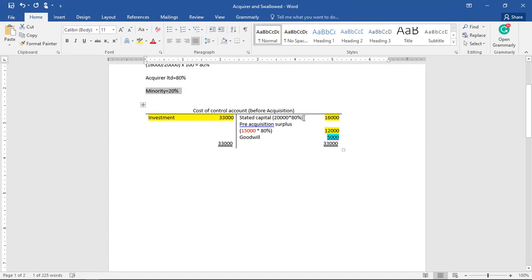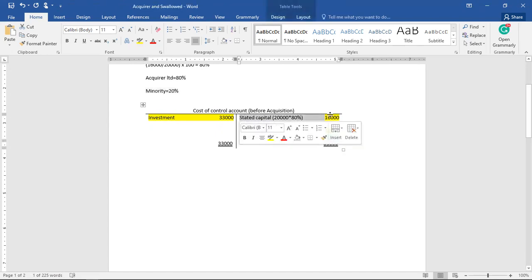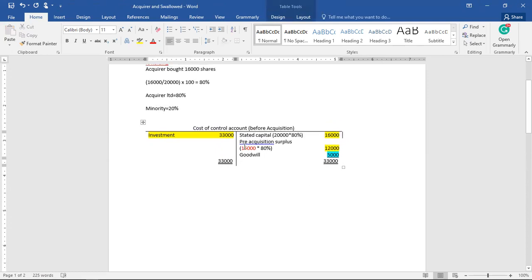The 80% of the stated capital gives me 16,000 over here. We're told that the pre-acquisition surplus is 15,000. So 80% of the 15,000 should give you 12,000. So if I do my calculations, I should get goodwill to be 5,000.